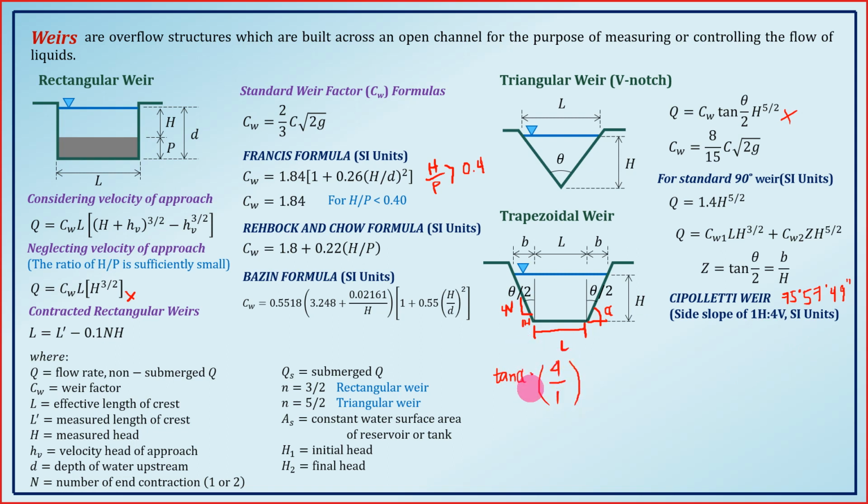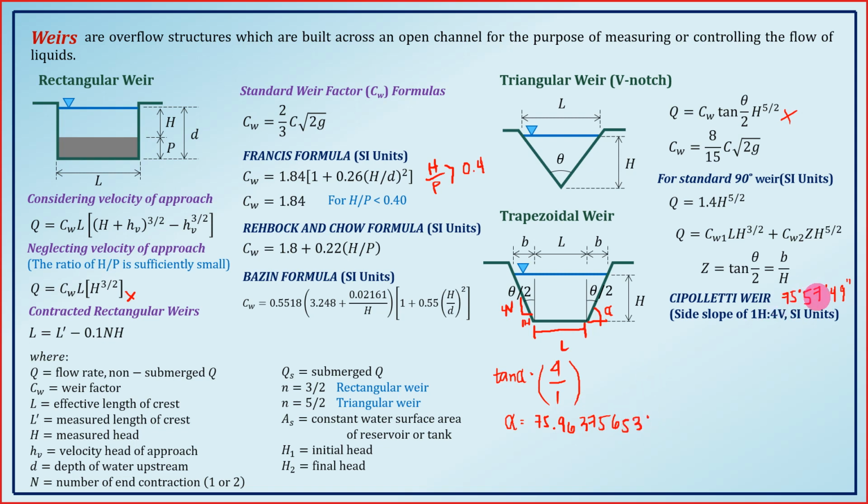Now, solve for the alpha. So arctan lang yan. Ang makukuha niyong value ng alpha is 75.96375653, di ba? So, degrees to.